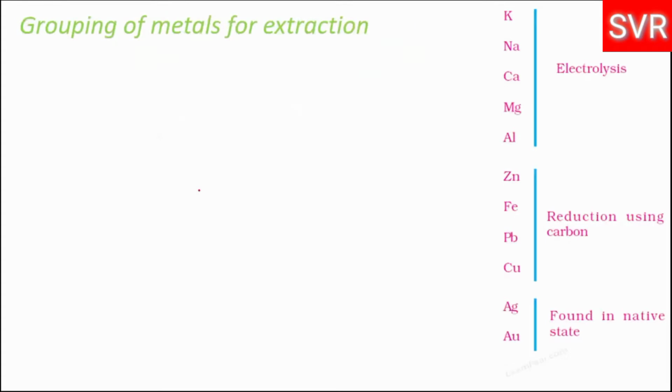Now, when we talk about metal extraction, before we even talk about the exact process of metal extraction, we talk about grouping of metals. There are three categories of metals that we deal with. First is metals of low reactivity, which is also called the low activity series. That means here we talk about metals which are very unreactive.